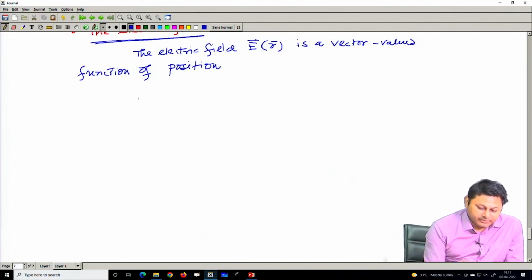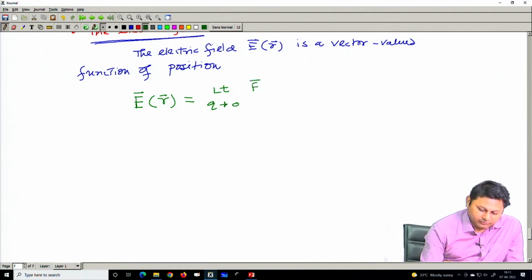So, by definition, I already defined that in the last class. So, E, the electric field, is defined as the limit q tends to 0 of the force divided by q, under the condition that this q tends to 0.